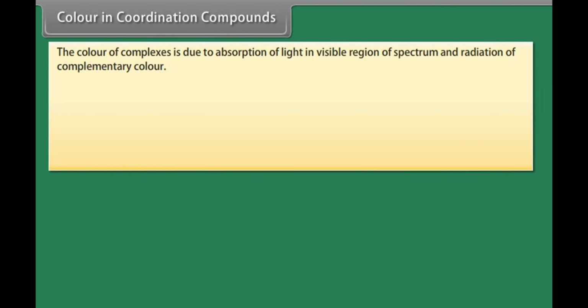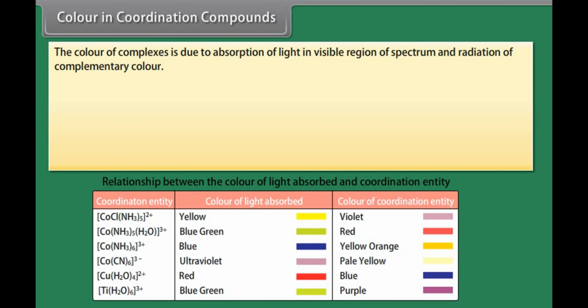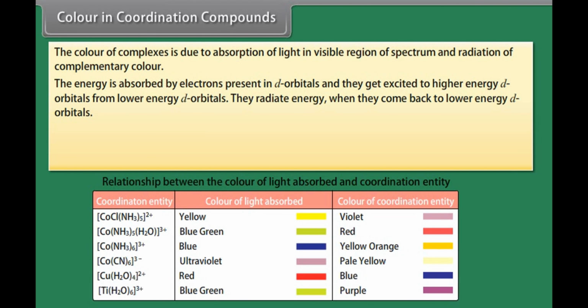Color in coordination compounds. The color of complexes is due to absorption of light in the visible region of the spectrum and radiation of complementary color. The energy is absorbed by electrons present in d orbitals and they get excited from lower energy d orbitals to higher energy d orbitals. They radiate energy when they come back to lower energy d orbitals.